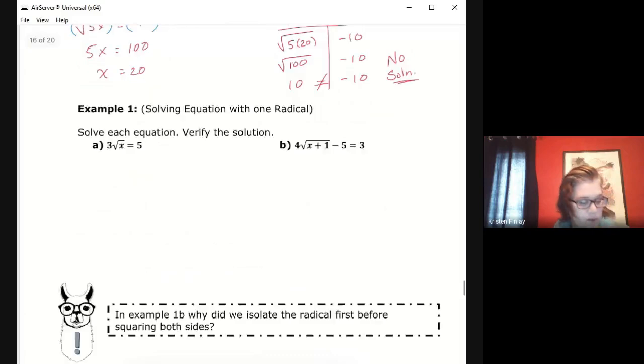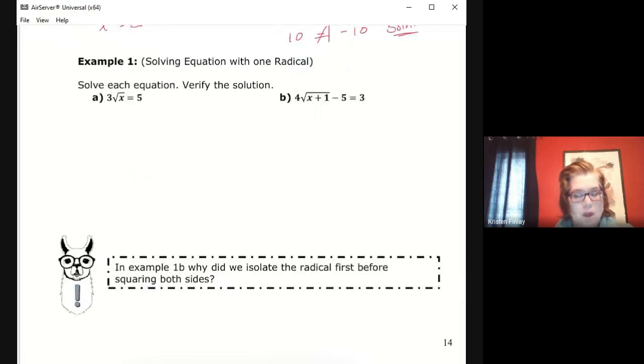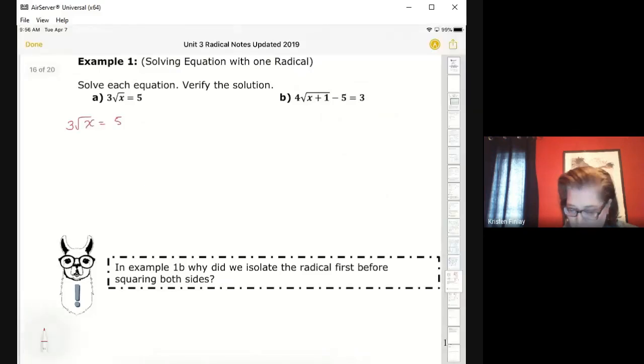So we're going to do some more examples. We're going to solve some equations with one radical. We're going to solve each equation and verify the solution. Looking here, we have 3 root x equals 5. We want to square both sides.